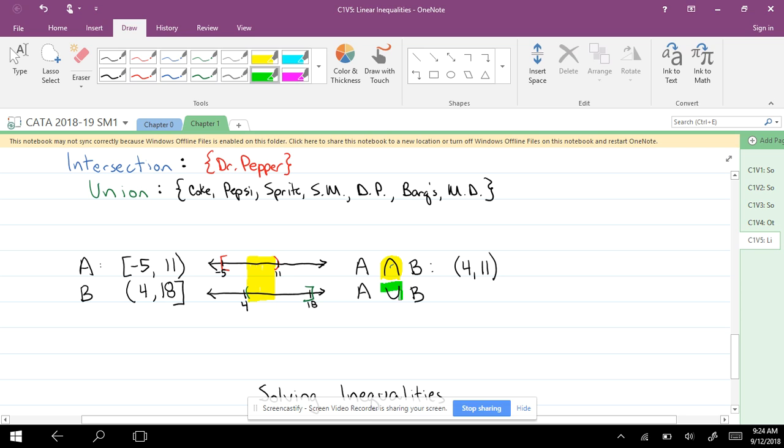Whereas in the union, it's the addition of those two sets. That would leave me with bracket negative 5, comma 18 bracket.